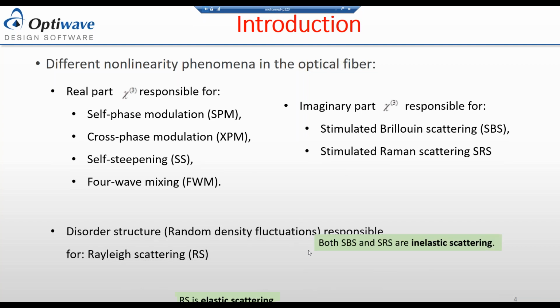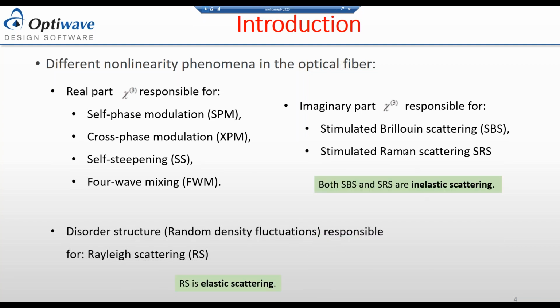The first one is inelastic, which means the generated signal has a different frequency than the source itself. And the elastic one is Rayleigh scattering, where the generated signal has the same frequency as the source itself. So these are the different categories of the nonlinear phenomena and the main cause for each of them.